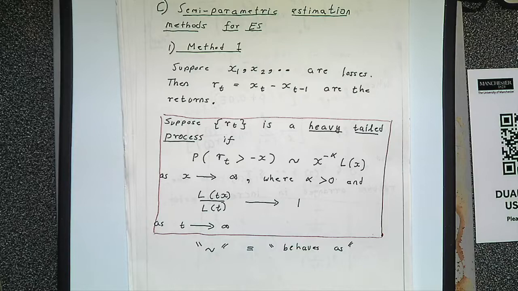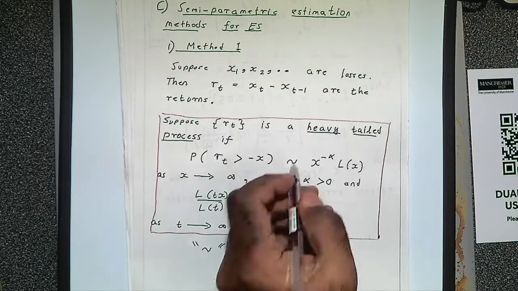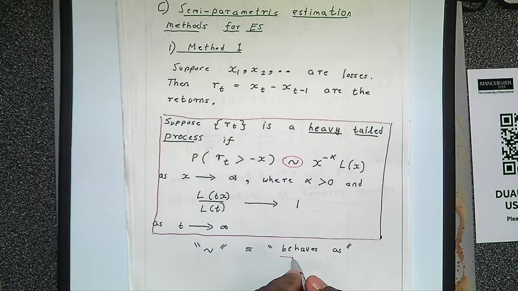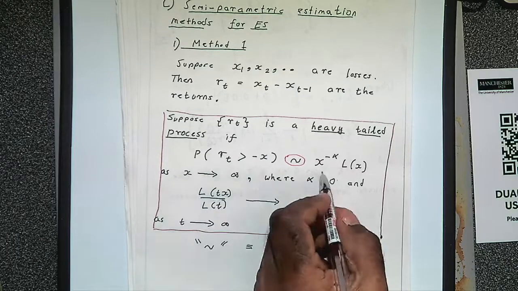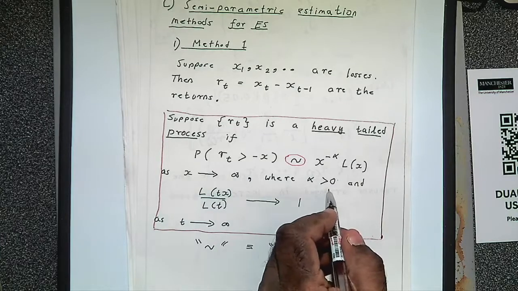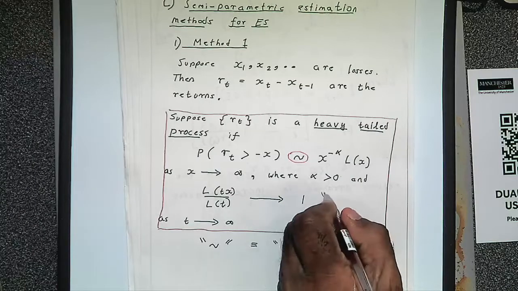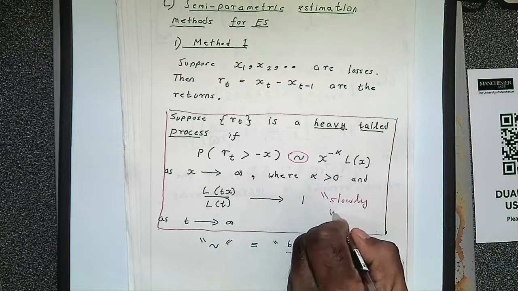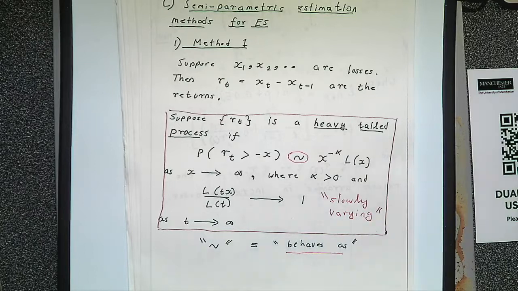A process is said to be heavy tail if the probability that RT is greater than minus x behaves as, this sign here, by the way, if you're not familiar, means behaves as, this expression as x goes to infinity, where alpha is positive, and L is a function that satisfies this condition.